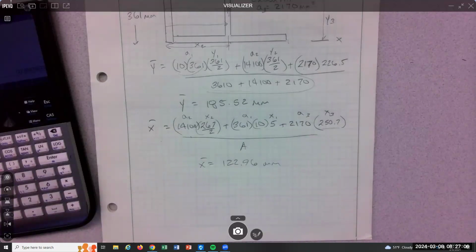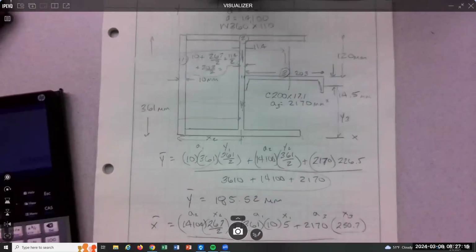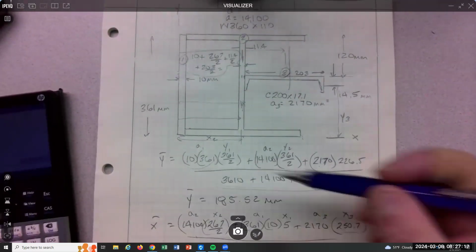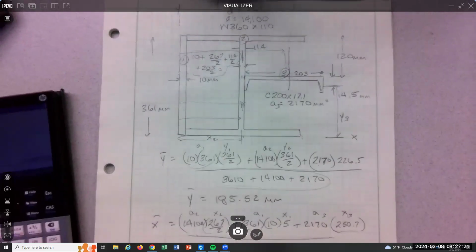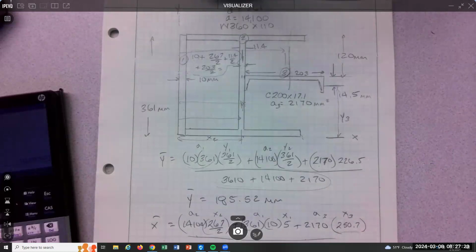So it's not just inertia of a shape, but an inertia about an axis of a shape. So for this shape, if we wanted the inertia, which is the next chapter, we would find the inertia about this location, Y bar, and this location, X bar. So if our goal is to find inertia, we have to go through all this first. Then we go through the whole inertia process.